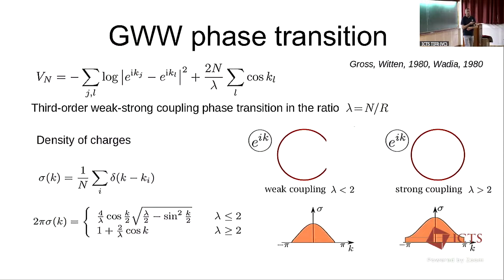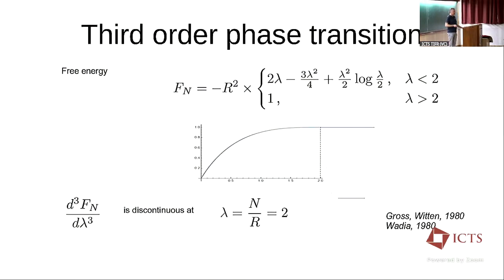Good. Now, here comes the crucial part. This is a third order phase transition, as was shown by Gross-Witten and Wadia, at lambda equals n over r. Now the hint: what does it mean for our Arctic Circle limit shape picture?